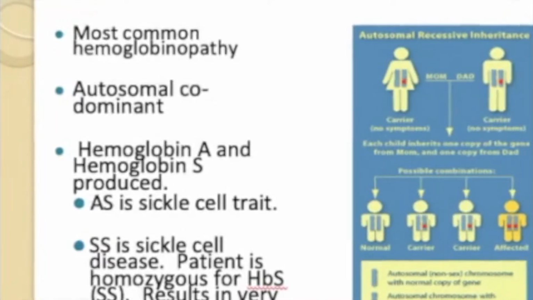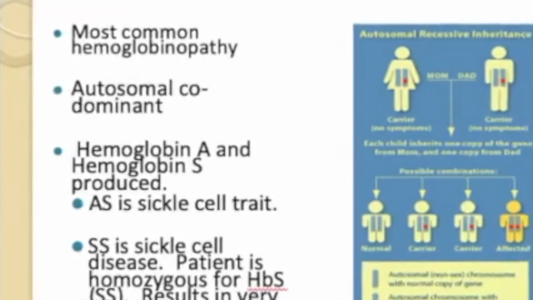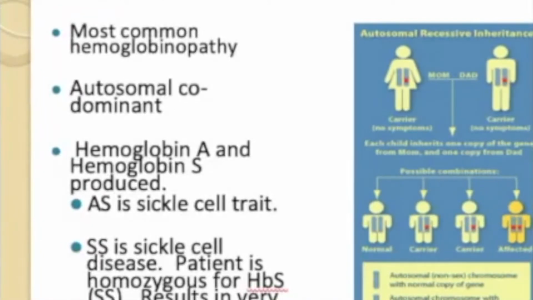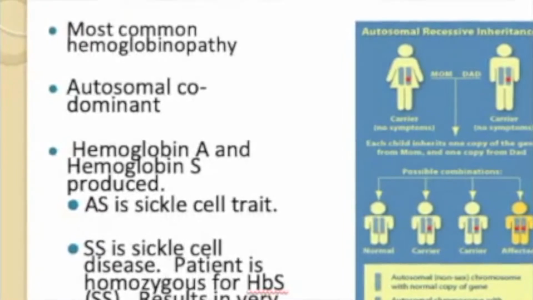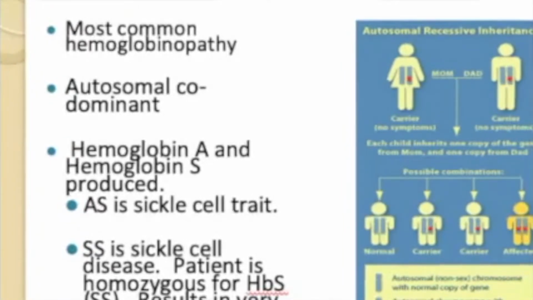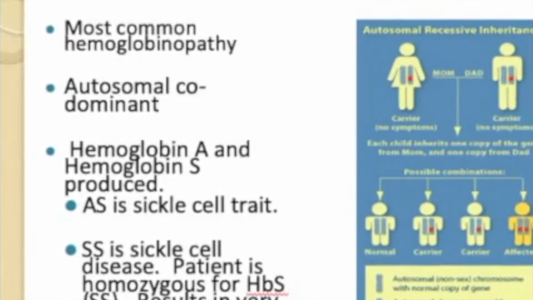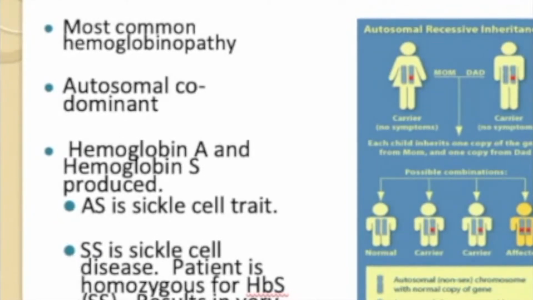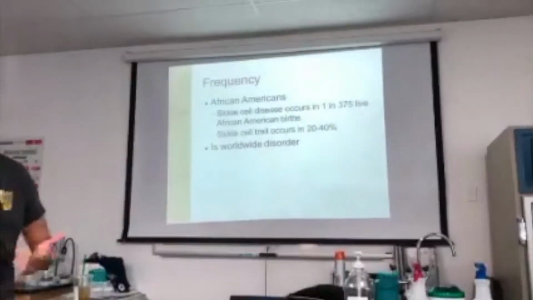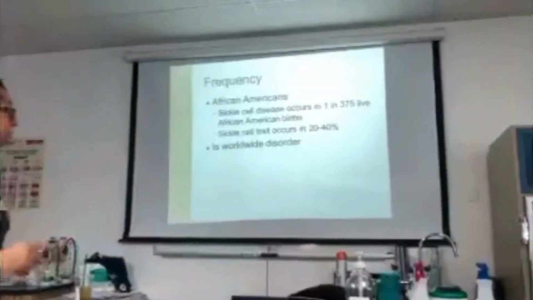But if their genotype is SS, meaning they're homozygous for the disease, both of their hemoglobin alleles show the dominance of hemoglobin S. So we call it SS for sickle cell disease, which means patients are homozygous for hemoglobin S, which is going to result in a very, very severe kind of anemia.